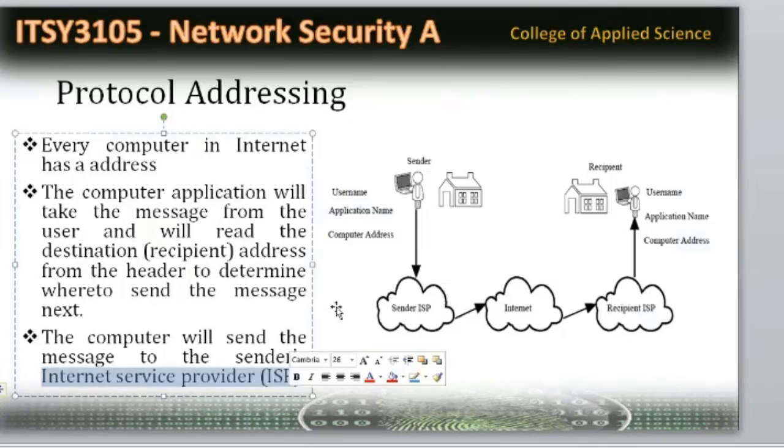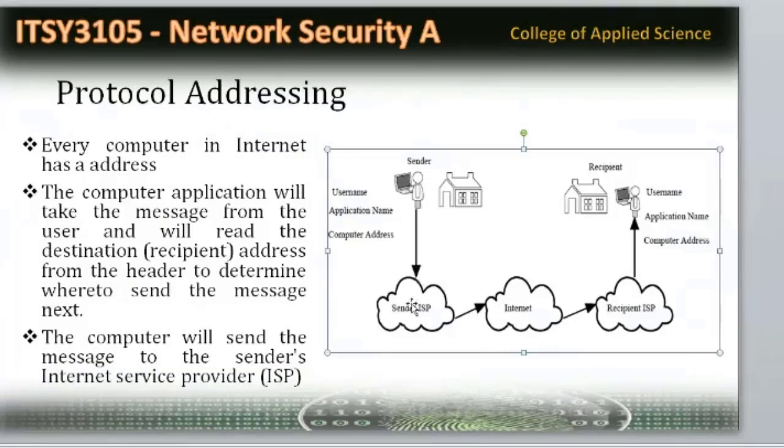So you can see the diagram here. A sender device, through the internet, wants to connect with another user. Take this as myself and this as you. You are in a different place. From my device, I'm going to connect with my ISP, Omantel. Then through the internet, your ISP.